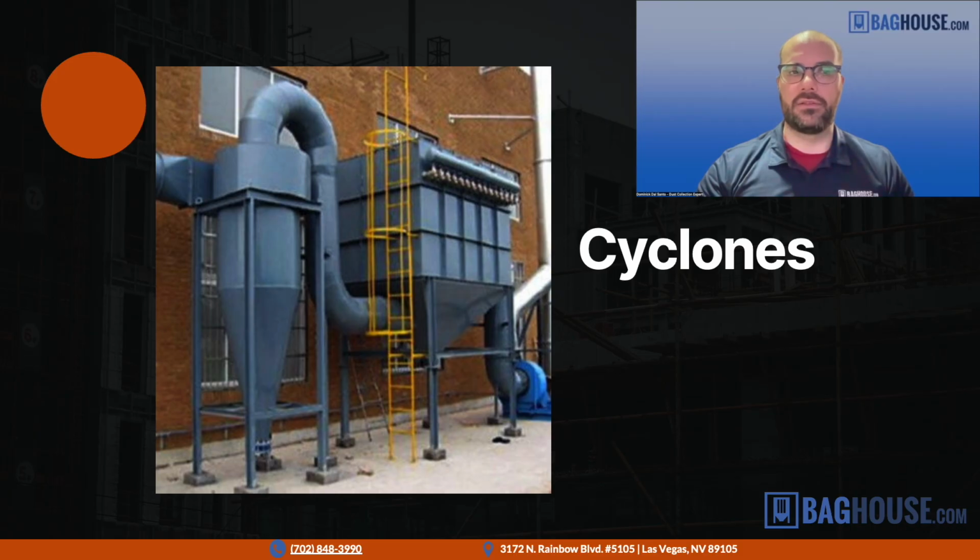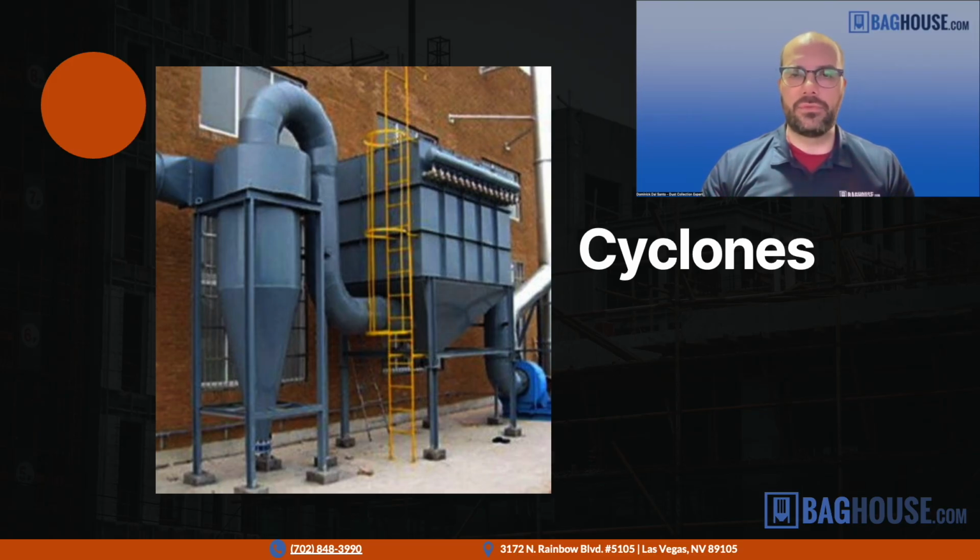First type of dust collector that's very common to see in mining applications are cyclones. So cyclones are a type of mechanical separator, mechanical dust collector, so there's no filters inside. A similar device would be something like a classifier, but also knockout boxes. There's a bunch of these mechanical separators, mechanical dust collectors in use, but they all pretty much do the same thing.